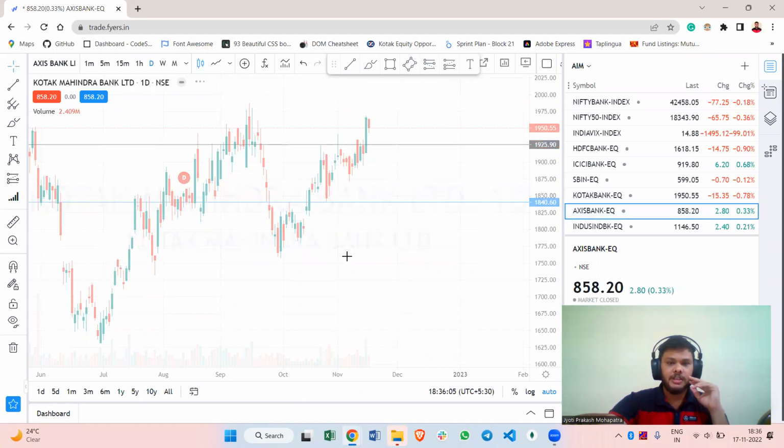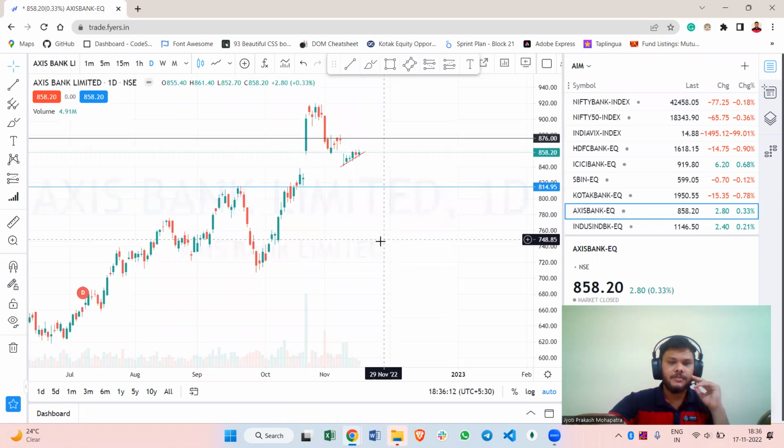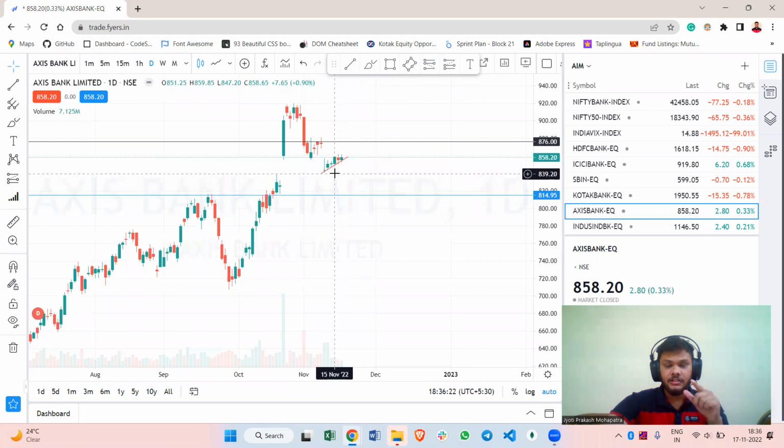Let's look into Axis Bank. You can see that Axis Bank continuously trades around that range, which is 840 to 860, for almost 6 to 7 days. And for almost 3 days it trades around that similar zone, which is 860.